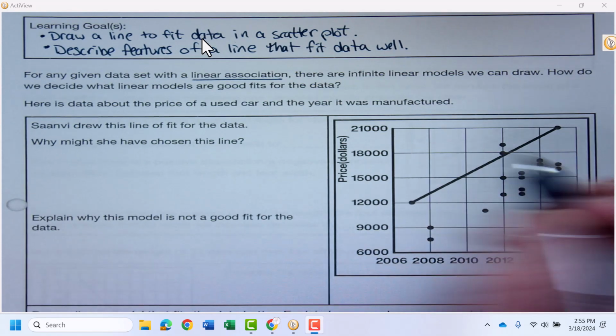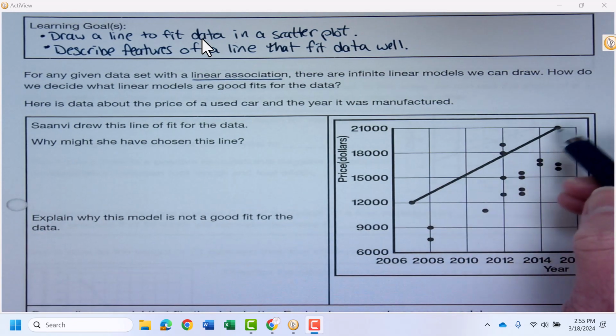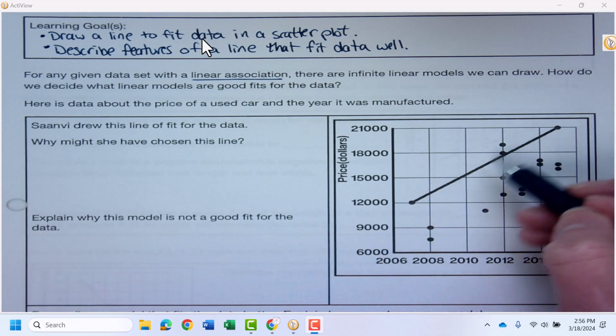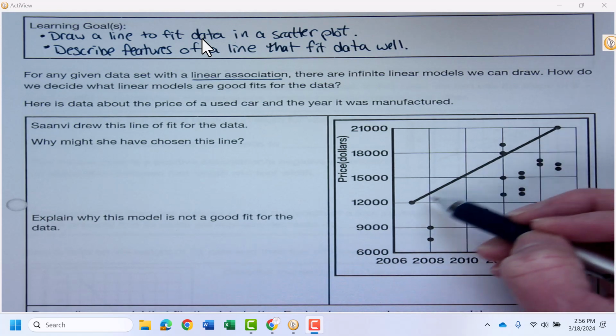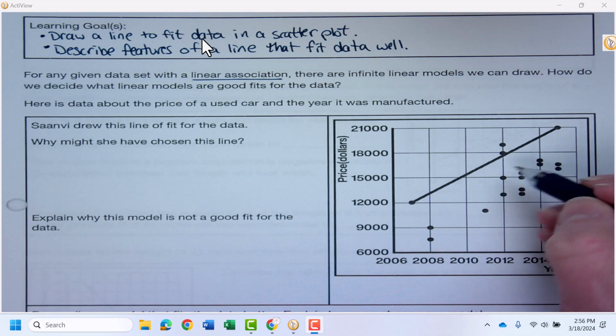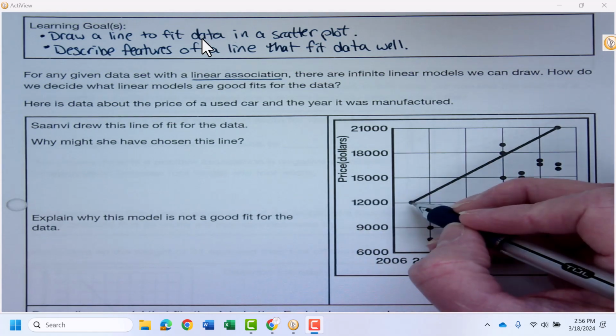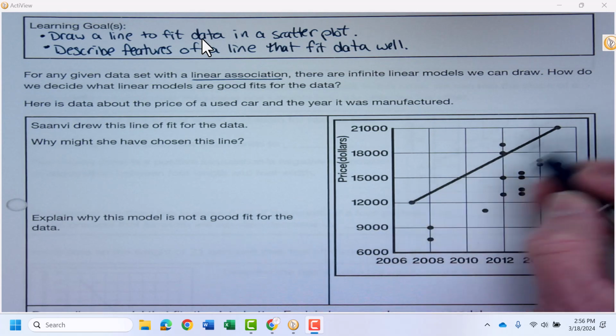So Sanvi drew this line of fit for the data. Now, she might have chosen to use this line of fit for any number of reasons. It's not a good line, but maybe she chose it because it passes through the points farthest to the left and farthest to the right.